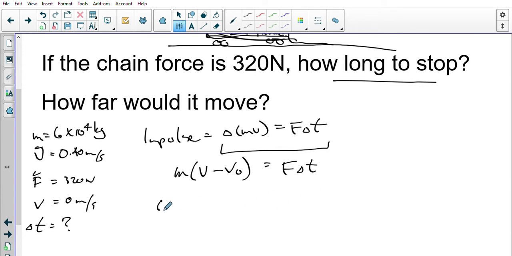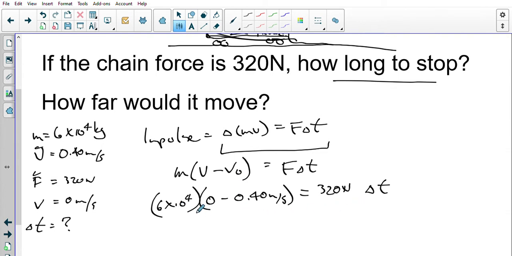So our mass, 6 times 10 to the 4 kilograms. Our final velocity is 0 minus 0.40 meters per second. And our force is equal to 320 newtons, delta t.